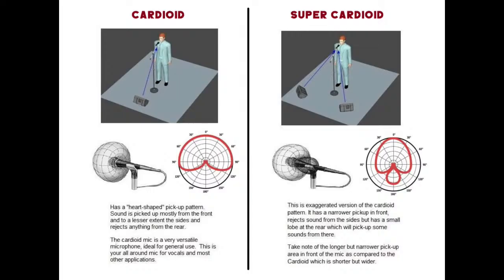In other words, it rejects more sound from the sides and from the back. And it gives you a little bit more clarity and sometimes a little bit more volume. Both are good. Most of the microphones that you will see out there are going to be one of those two. There is another version of cardioid called hypercardioid, but we don't typically use that on a stage.